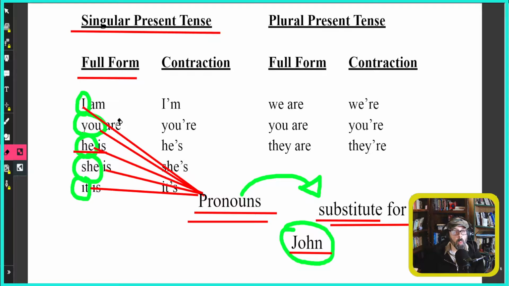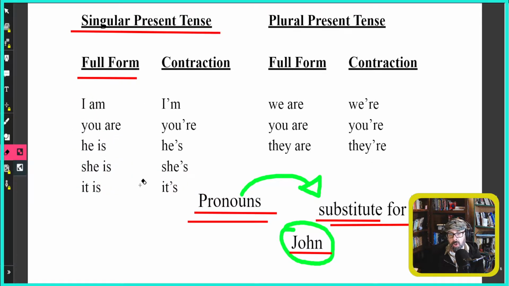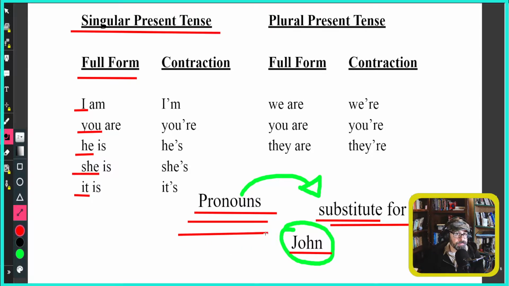Now, what is the other thing that we see in full form? Okay. So we saw I, we saw you, we saw he, we saw she, we saw it. Okay, all the name for this type of word, pronoun in English, substitute for the noun.